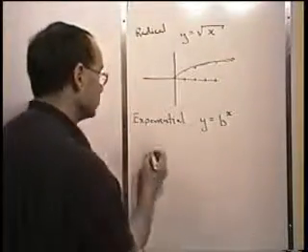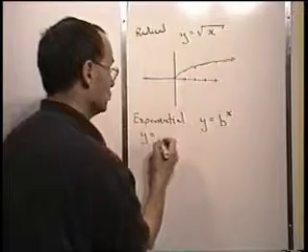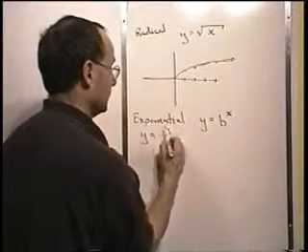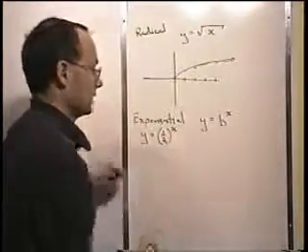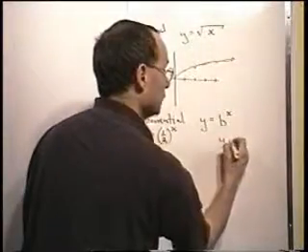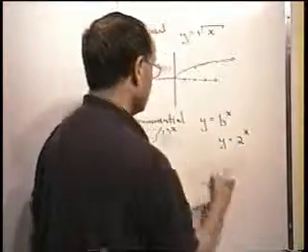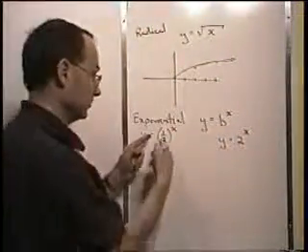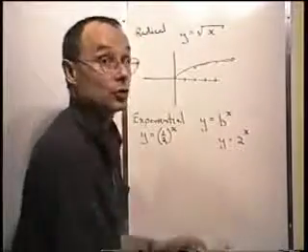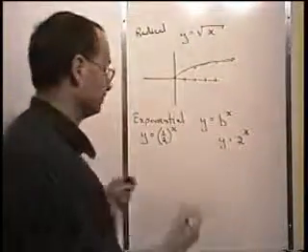The two main groupings would be this. The base can be a fraction, so I'll do something like 1/2 to the x. And the other thing that the base could be is a number that's bigger than 1, so something like 2 to the x. So this gives you kind of the two main groupings, fractions or numbers greater than 1. Notice these bases are always positive numbers.